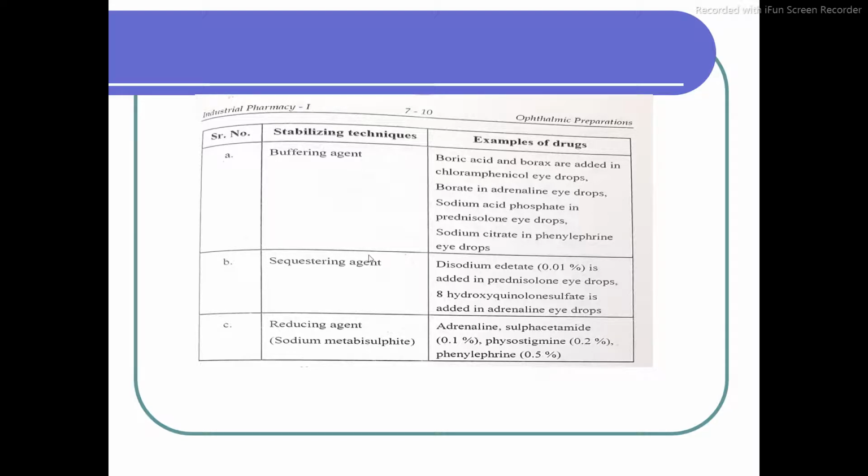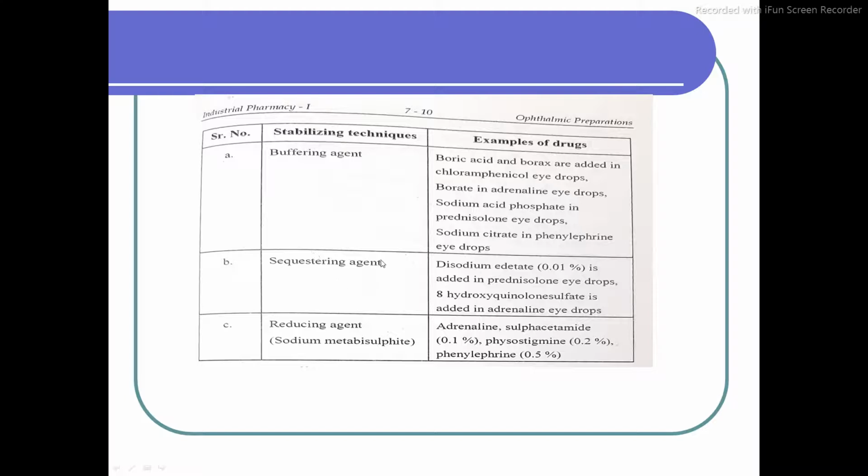Next one is the sequestering agent. Sequestering agents are the agents that can remove the metal ions from your preparation, because in most cases your drug may undergo complexation with the metal ion, and once your drug forms a complex with the metal ion, it may undergo degradation or its activity may be reduced. So our first objective is to remove the metal ions. Whatever metal ions are present in your eye drop, we have to remove them. And how to remove?